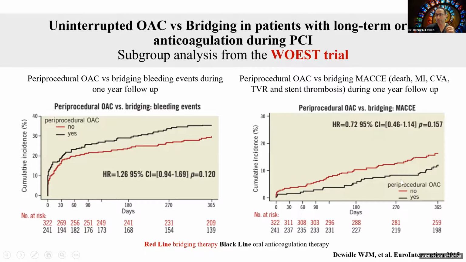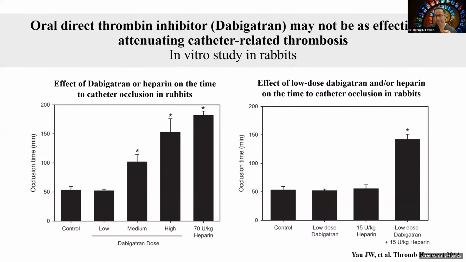The difference between the two groups was not statistically significant, and we're looking at 30 days, 180 days, and 1 year. When you're looking at bleeding events, there was a slight numerical increase, but the difference was not statistically significant. Again, consistent with the results of the earlier study.